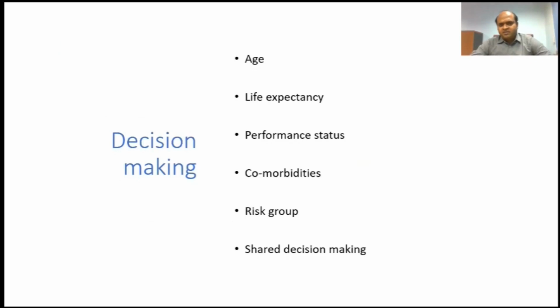The decision making for the treatment modality depends on the age of the patient. That means if a patient is more than 80 years old, radical surgery is usually not the preferred modality.